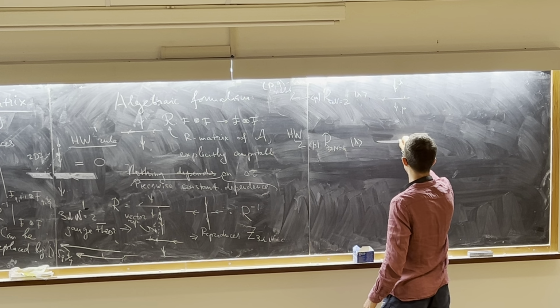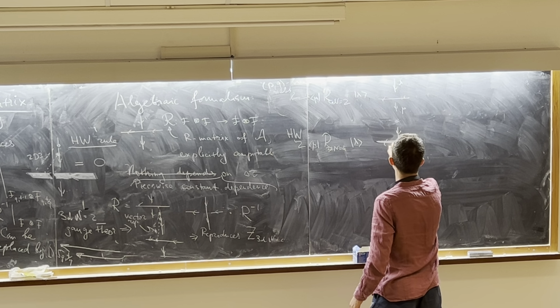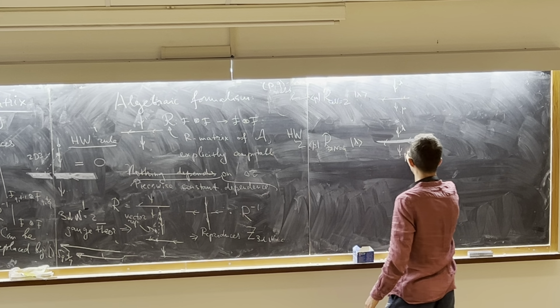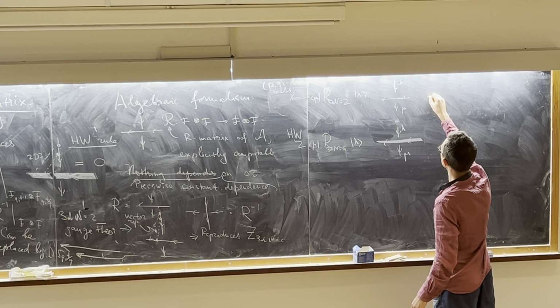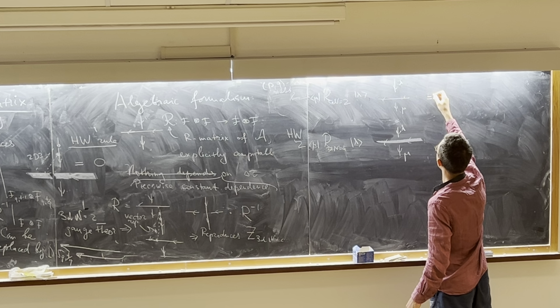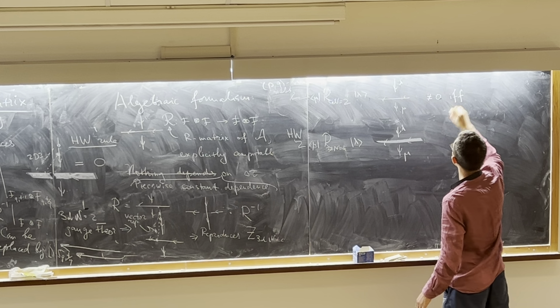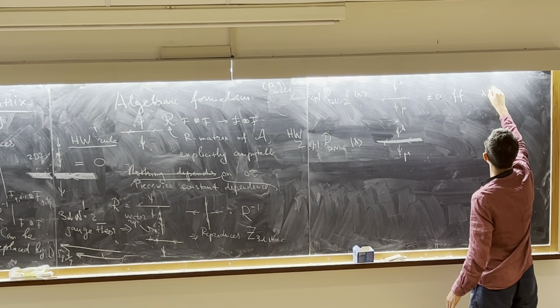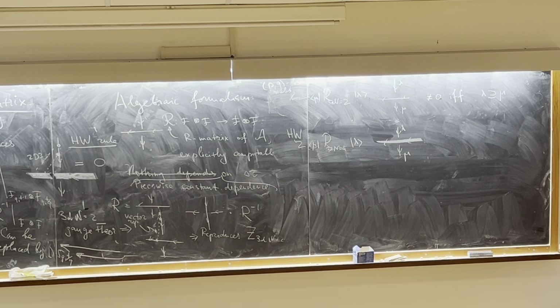So I have a fat brane here, and this brane there. So this turns out to be not zero if and only if mu fits inside lambda.